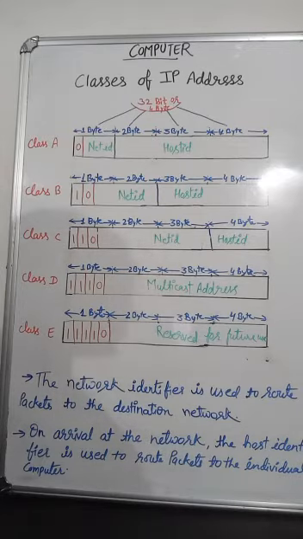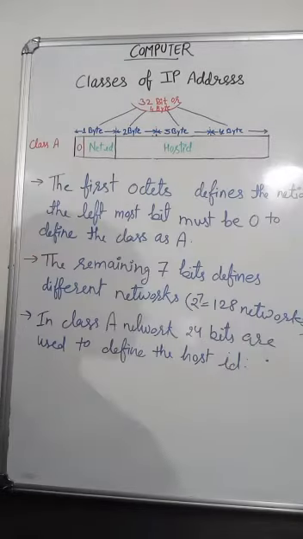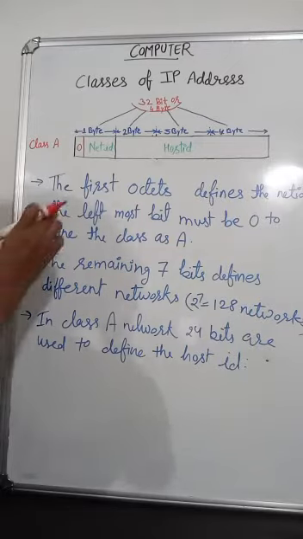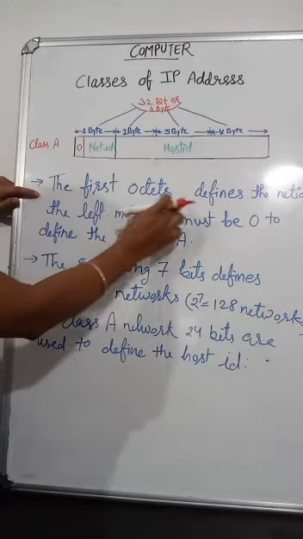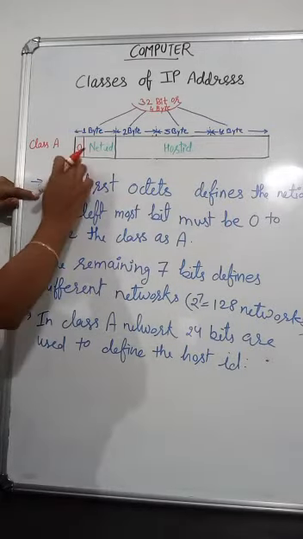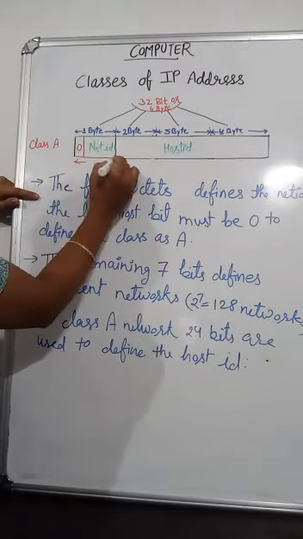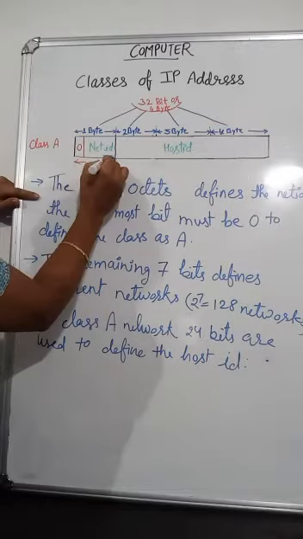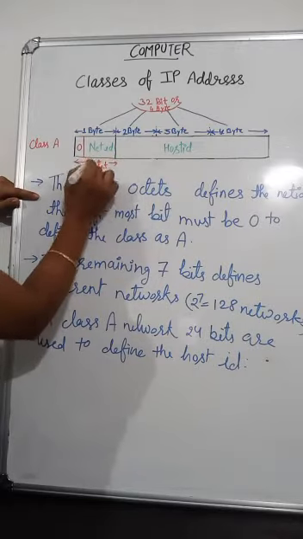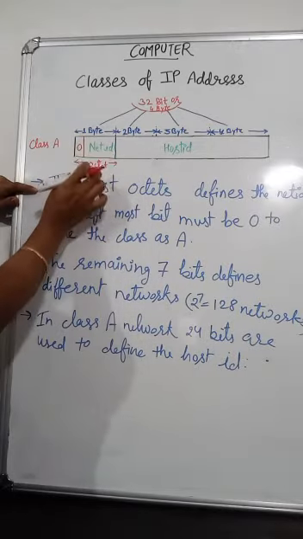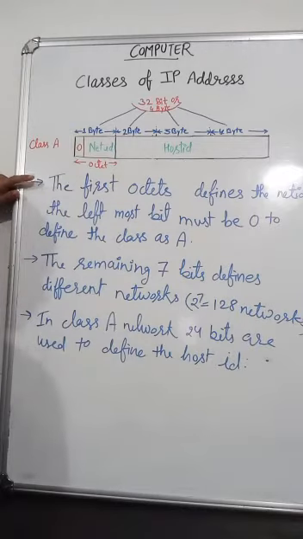First, see class A. The first octet defines the net ID. First octet means 1 byte, defined for the net ID.